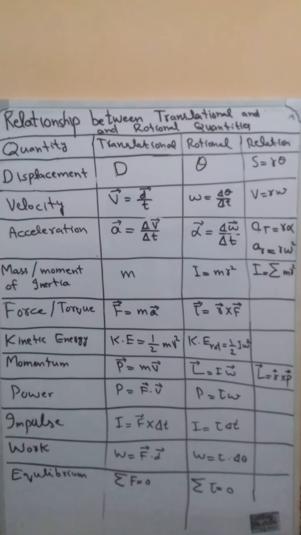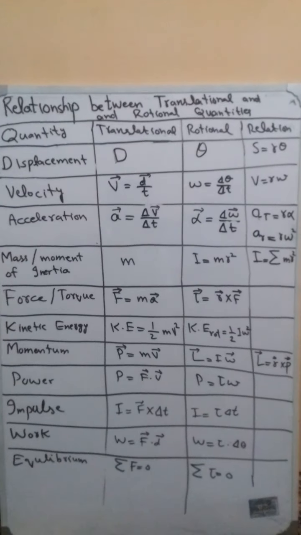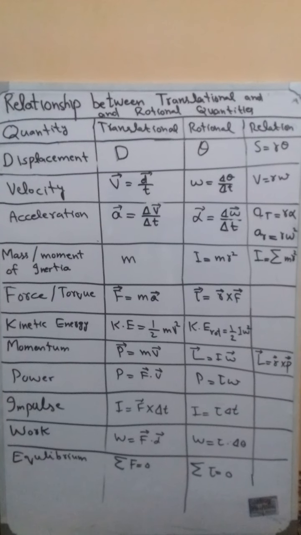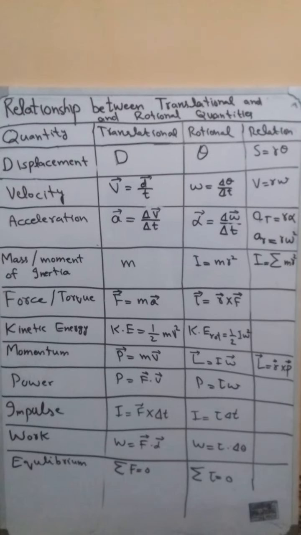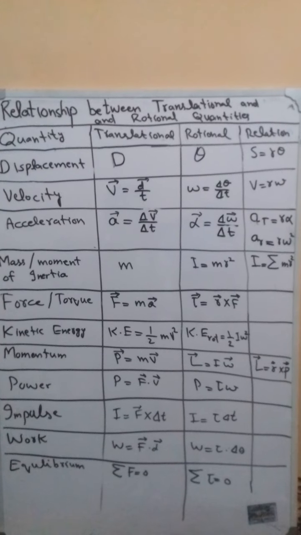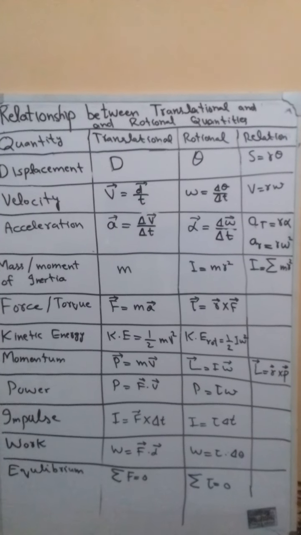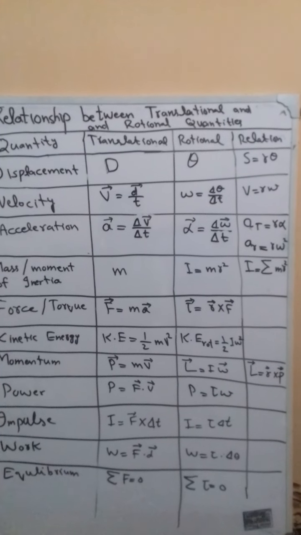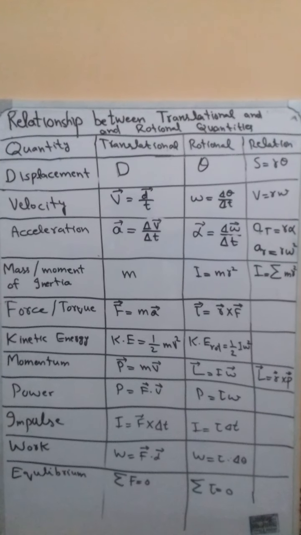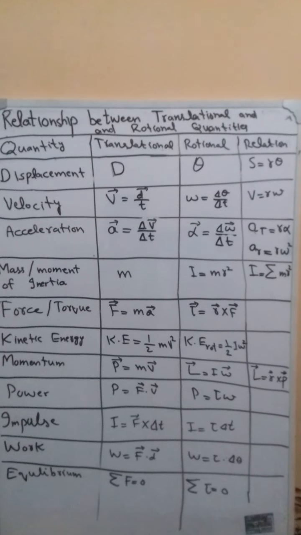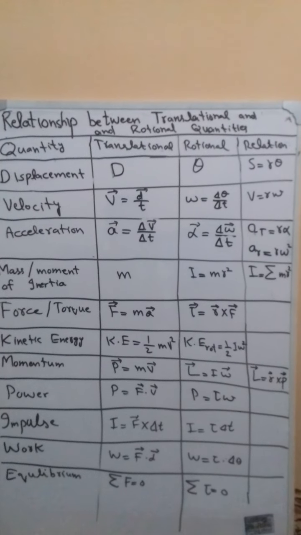These are the same quantities in a sense, but the difference is that mass plays a role in translational, and moment of inertia is the analogue of mass in the rotational case. The relationship between mass and moment of inertia is I is equal to summation m r square.